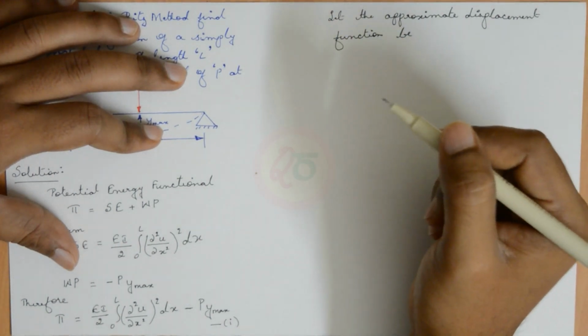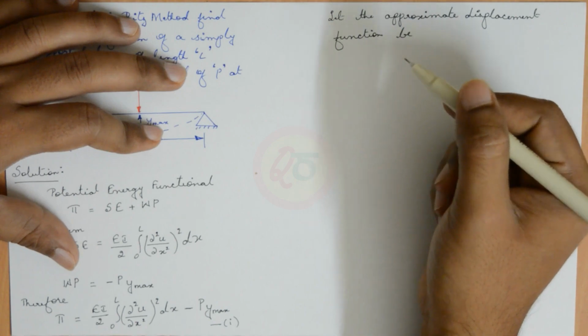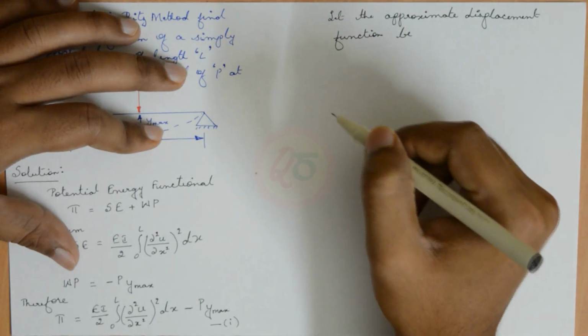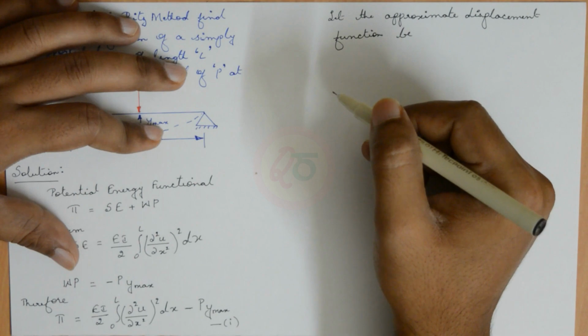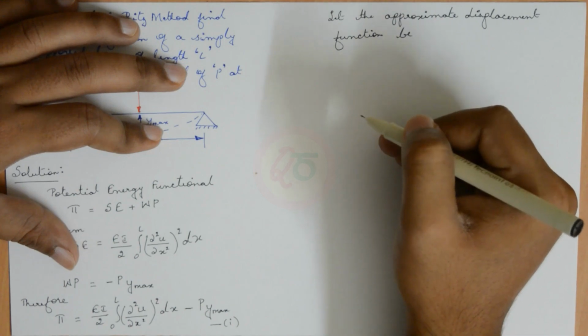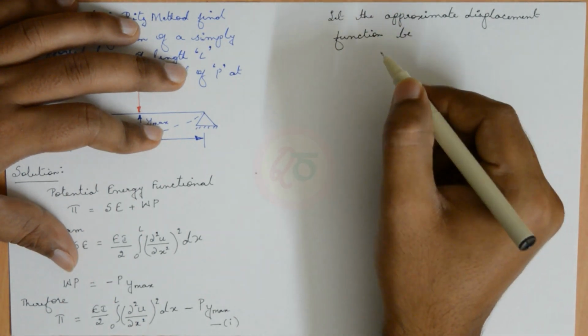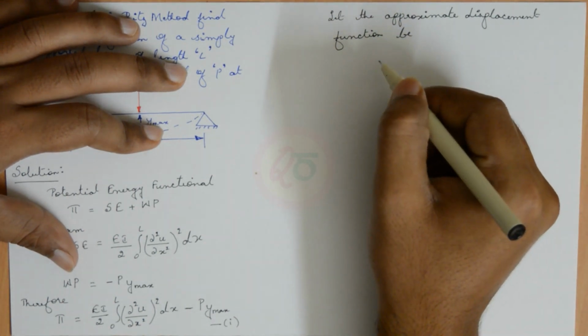For beams, it is always better to assume a trigonometric function. So in this particular case, I'll assume the trigonometric function first for the displacement, and I'll compare the solution that we obtain with an assumption made with the polynomial function. So let us assume the trigonometric function initially.